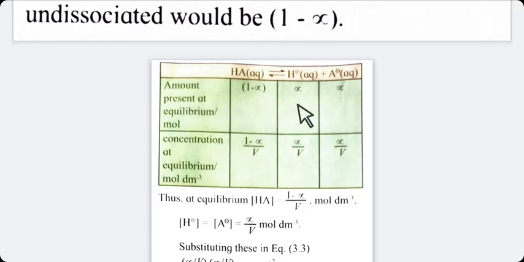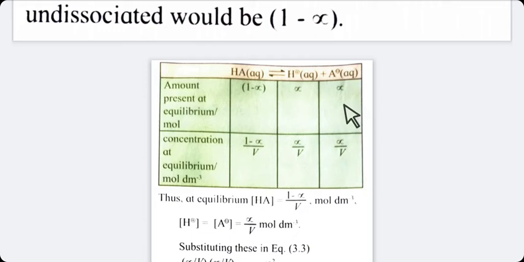When you take these terms as concentration, meaning concentration at equilibrium in mole per decimeter cube, it is divided by volume. So we get 1 minus alpha upon V, then alpha upon V, and then alpha upon V. Why?